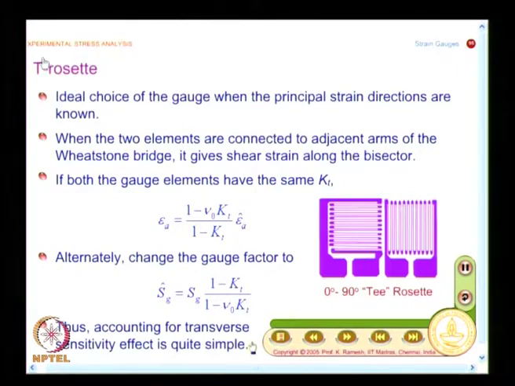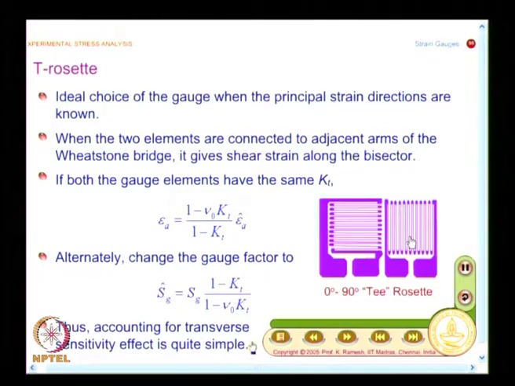And when I discussed these rosettes, I also mentioned that normally you connect each of the strain gauges in a rosette to a separate Wheatstone bridge. So, I will be able to find out the state of strain at the point of interest. That is how I will proceed.